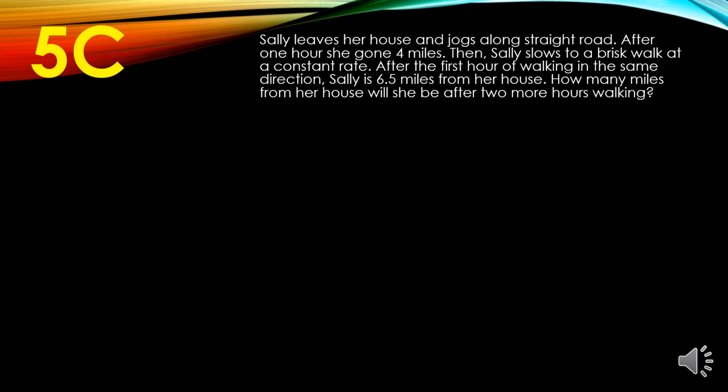Okay, let's dissect the problem. Dissect means we go from part to part. So here we use this formula: distance equals rate times time. Sally leaves her door, and after 1 hour she has gone 4 miles. So you already have the miles and the time, and now we're looking for the rate.